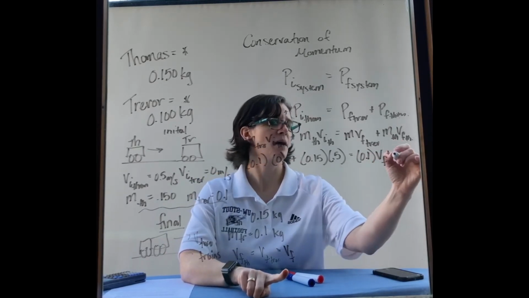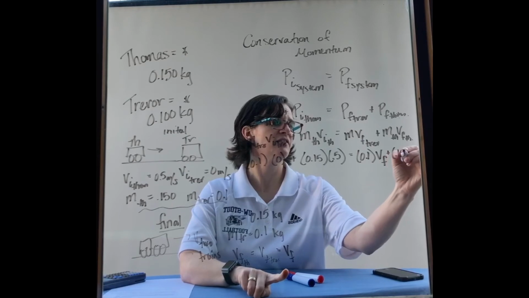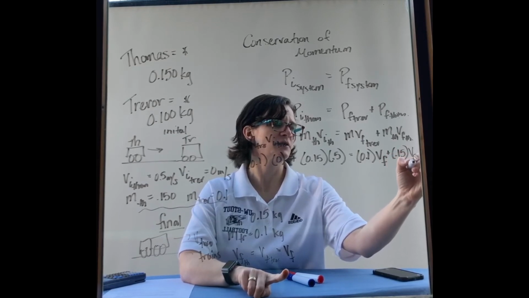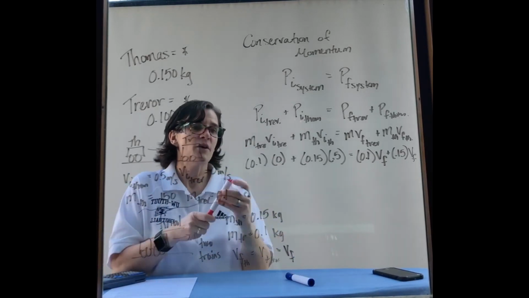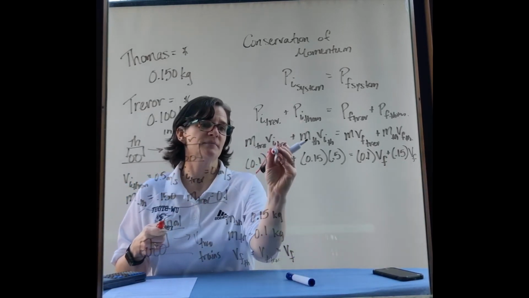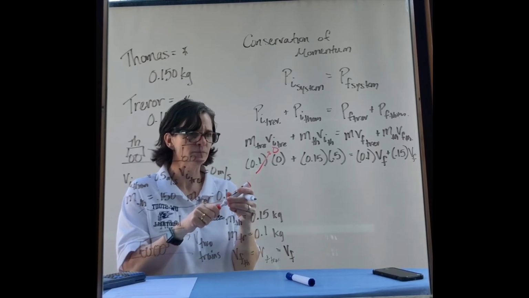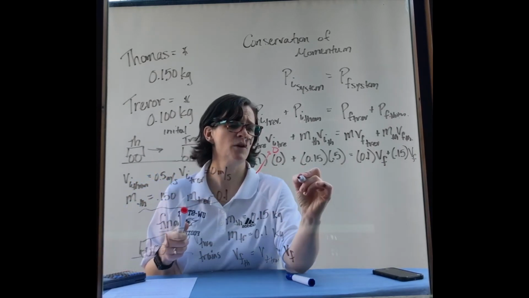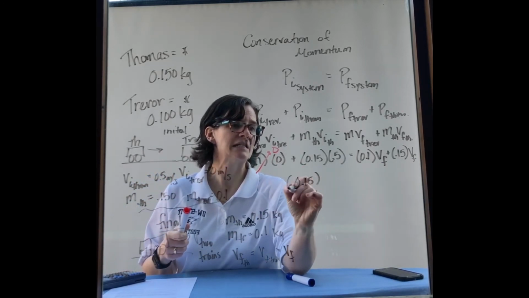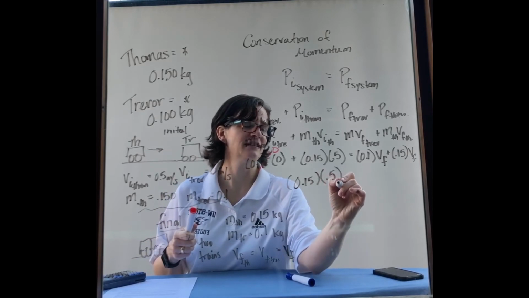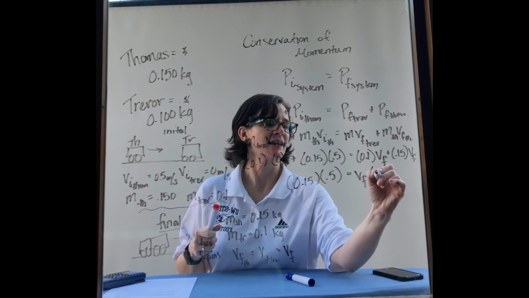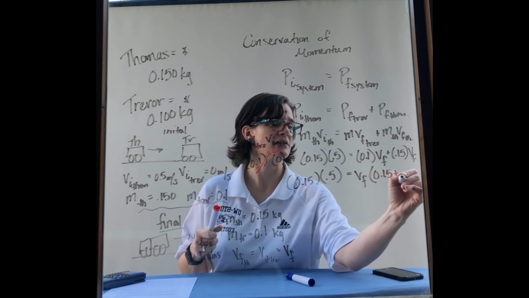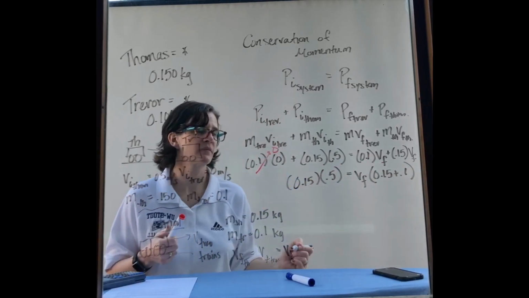The mass of Thomas is 0.15, and he also is moving at V final. We know that this term goes away because anything multiplied by 0 is 0. And we're left with 0.15 times 0.5. I can pull V final out, and I get 0.15 plus 0.1.